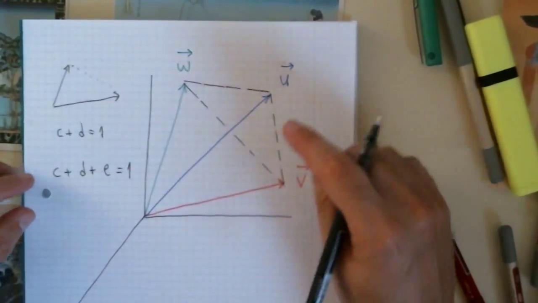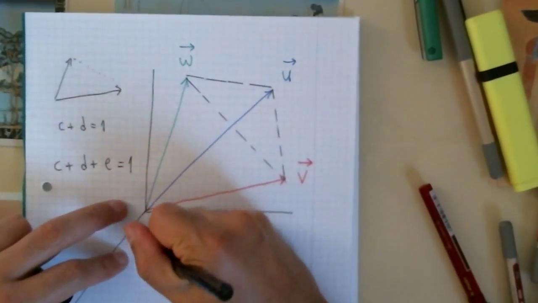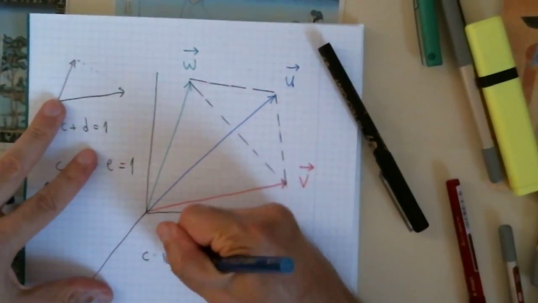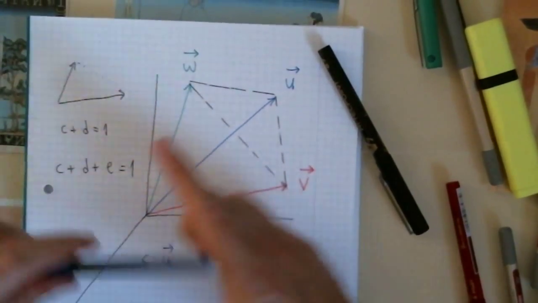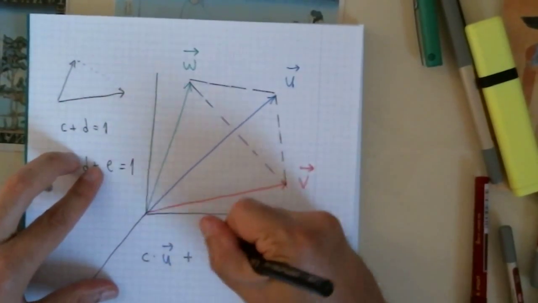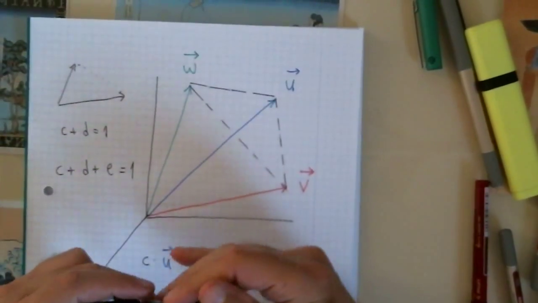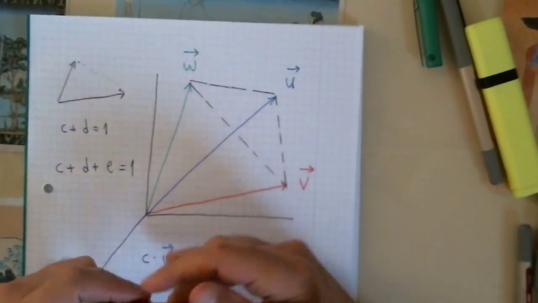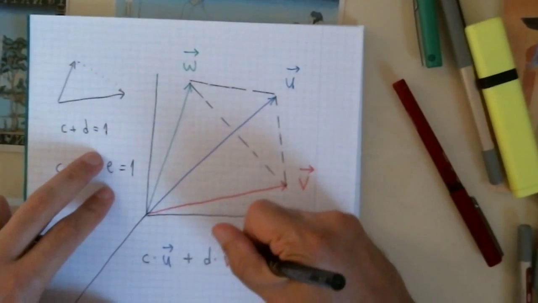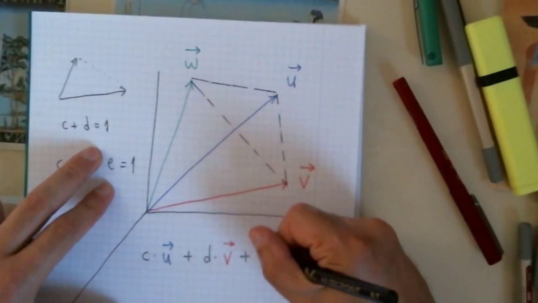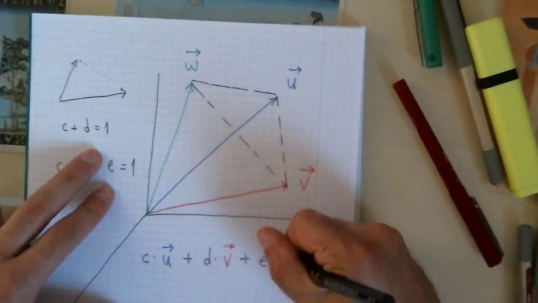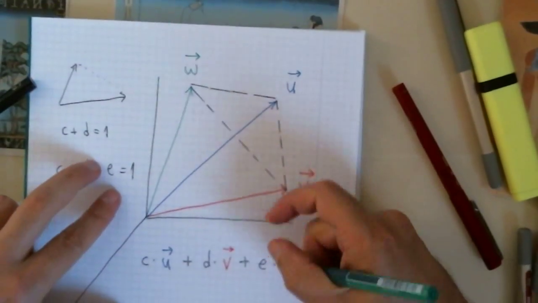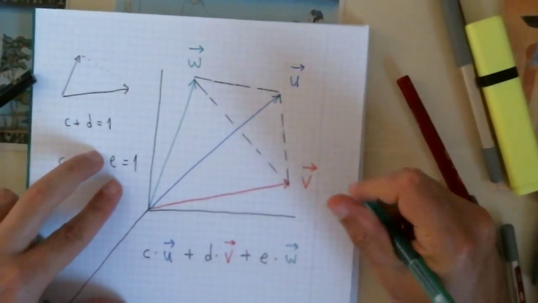It's just the same. C, some number, times the blue vector, plus D, some other number, times the red vector, plus E, yet another number, times the green vector.